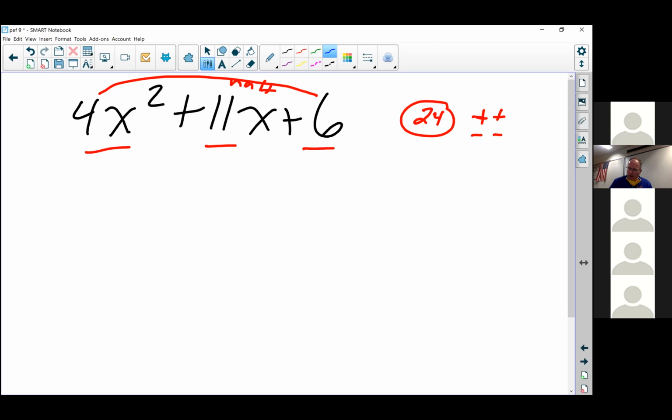So then I'm trying to answer this question here. Being that's positive, they both have to be positive. So list me all the factors of 24. I'll do 1 times 24. What's another set of numbers that multiply to give me 24? 2 times 12.